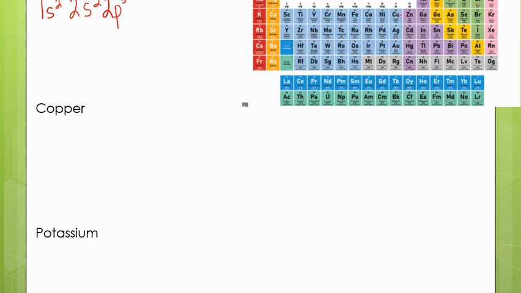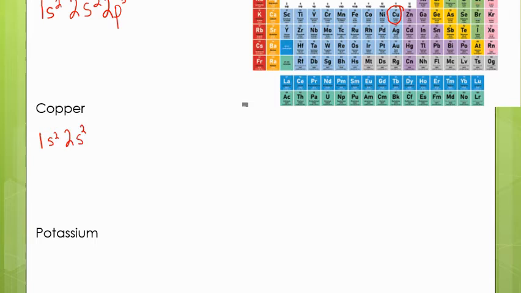The next one we're going to work on is copper, which is right here. And copper, again, we start back like our chutes and ladders. We start back at the beginning. We go 1 and 2. So we're in our 1, we're in our s block, and we need both electrons. Then we go over to lithium and beryllium. That's 2 for our n number. s block, we need both electrons.